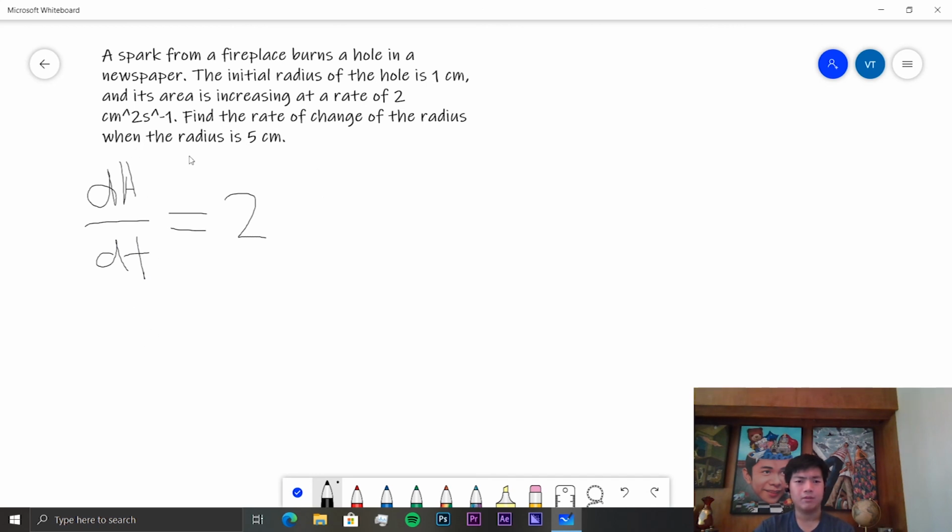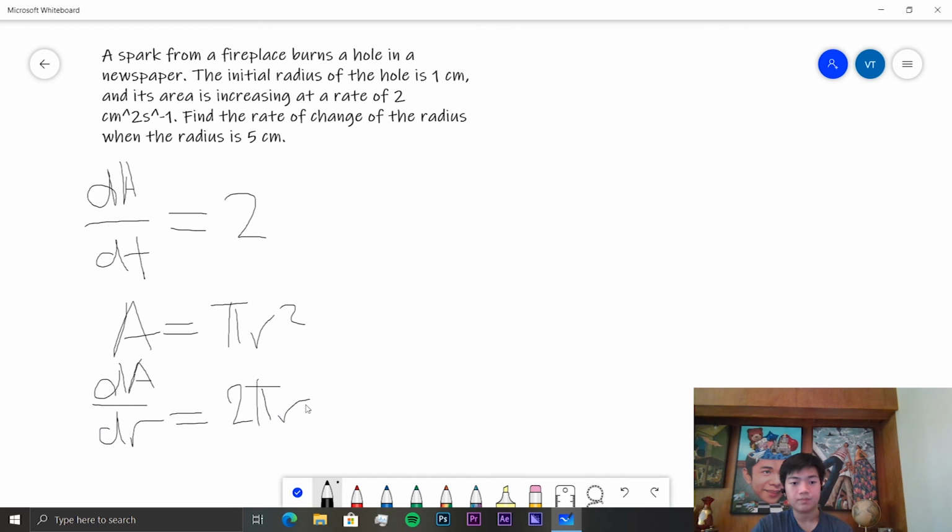We also know that A is equal to pi r squared, so dA over dr is equal to 2 pi r.